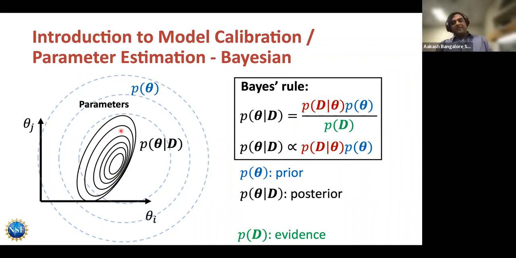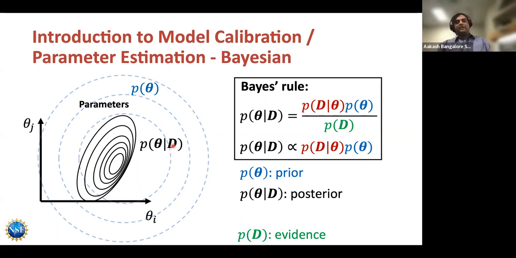So typically, there is some information in the data which reduces our uncertainty about the range of values that the parameter might take. So typically, the posterior is somewhat narrower. In many cases, it might be quite narrow, depending on how much data we have.